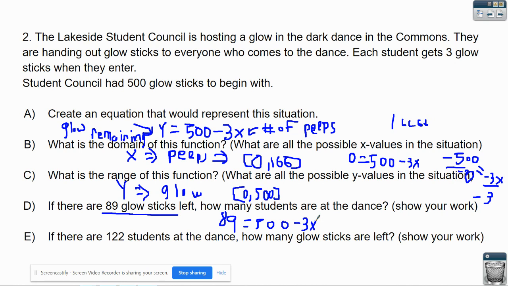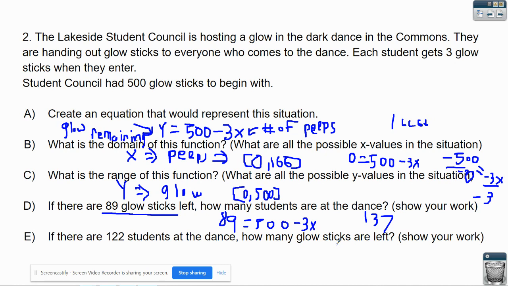And then at that point, I'm minus 500 from both sides. So 89 minus 500. Okay, and then divide by negative 3, and I'll get 137. Okay, that's the most number of people. That's the number of people that could go.